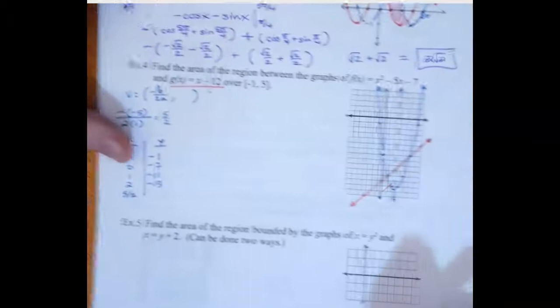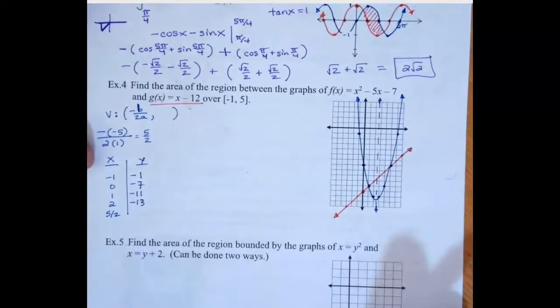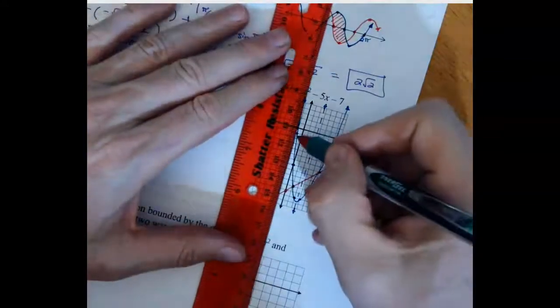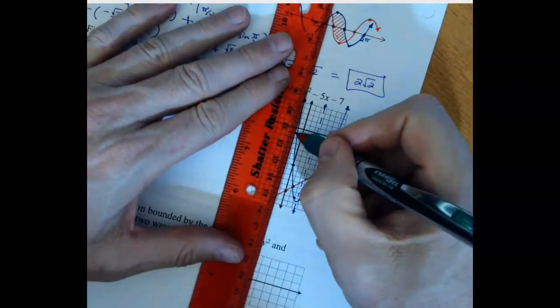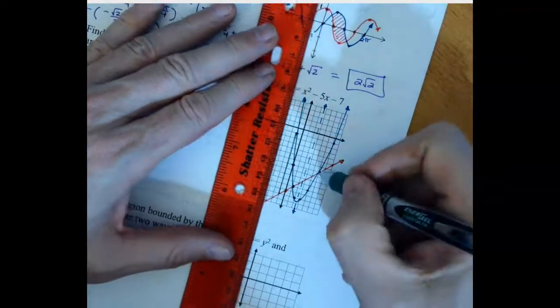So we're trying to find the area between the two curves. Now they tell us to go from negative 1 to 5. But now as you look at that, you hopefully realize that we have some issues. So negative 1 is right here, and 5 is over there.